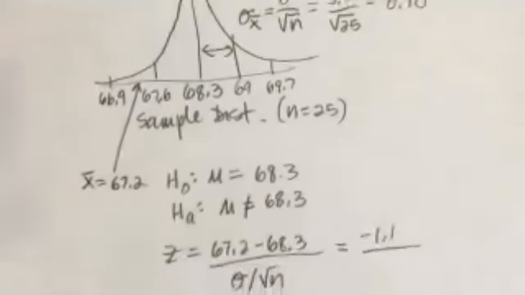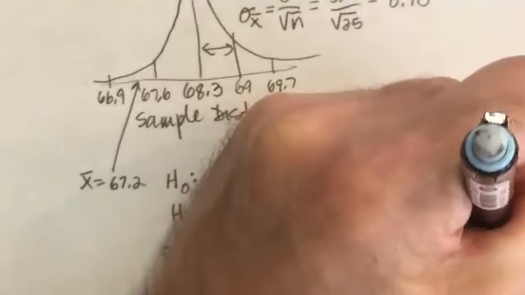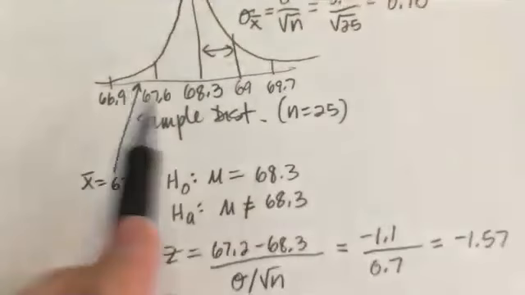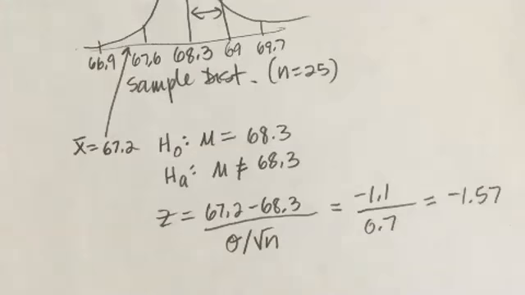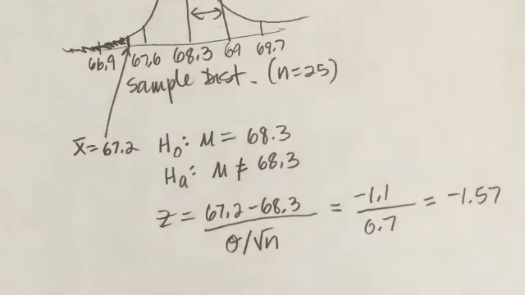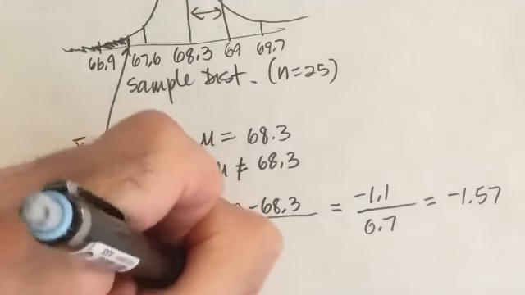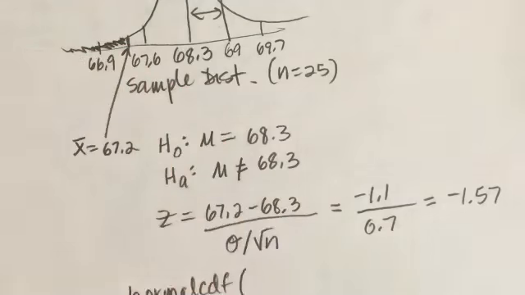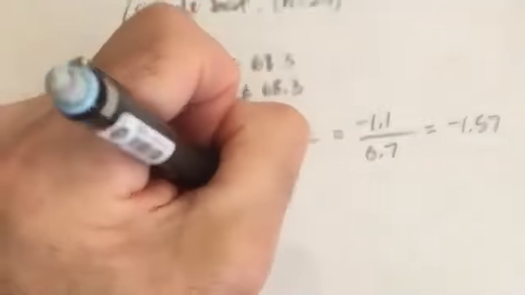And our spread was 0.7, so we divide by 0.7. We're down 1.57 standard deviations, right about where I've got the arrow drawn. So is 1.57 really rare? I don't know. Let's find out how much area there is over here. To do that, we're either going to look at the book or we're going to use the calculator. I'm going to use the calculator. So how weird would it be?